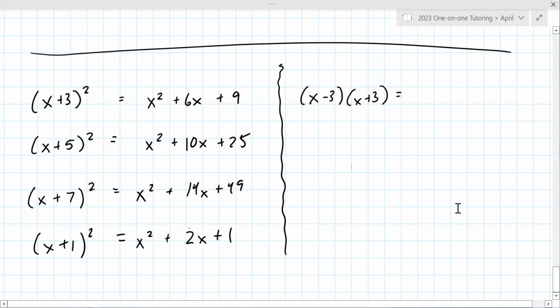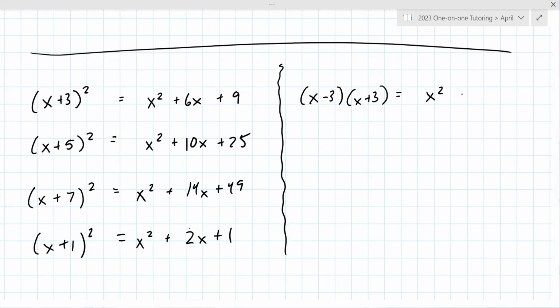Would it be x squared minus 6x? Yeah, try foiling it.